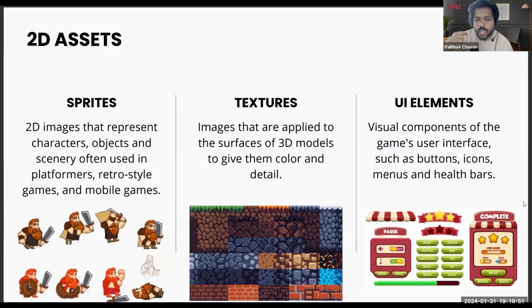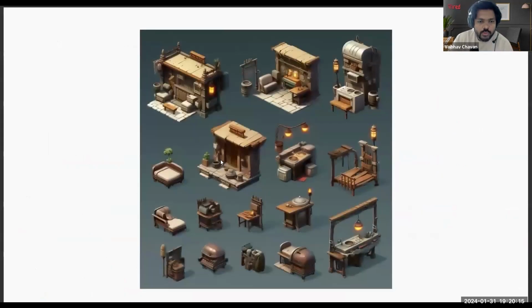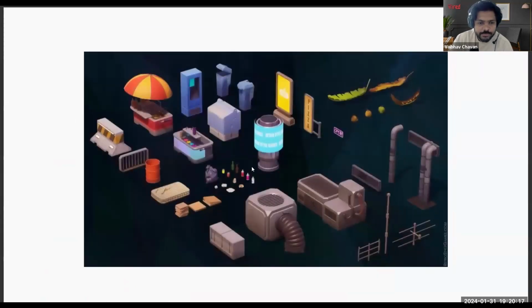So you can use this image directly in a 2D game, or these are basically textures that can lie on a 3D element. These are images that are applied to the surfaces of 3D models to give them color and detail.